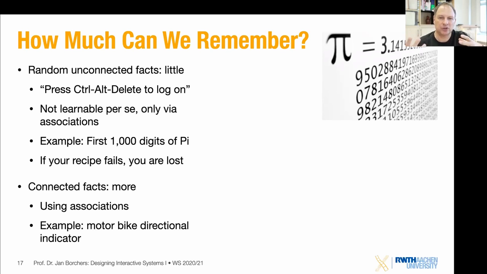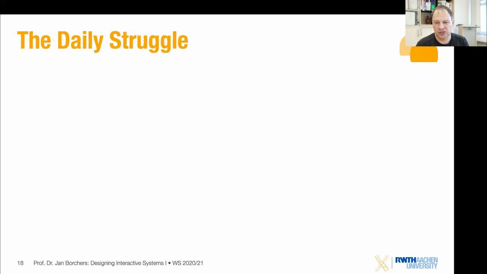And that association will then help you to easily remember that. So connected facts are way easier for us to remember because we start building a mental model of things. We're making associations. And if there is something that we cannot remember, then we just cheat, right?